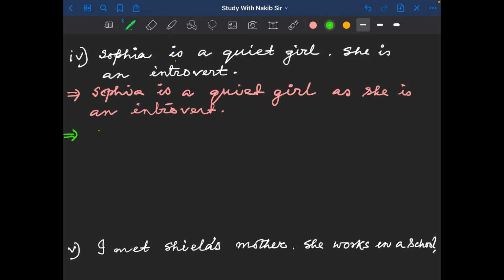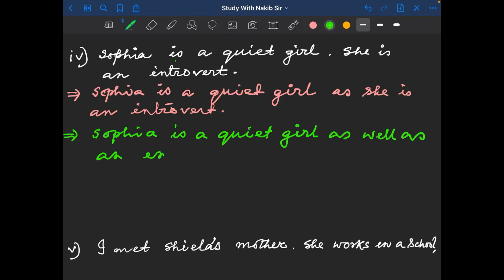You can do this, or you can combine them in another way. See, Sophia is a quiet girl as well as an introvert. Okay, you may combine these sentences in another way.